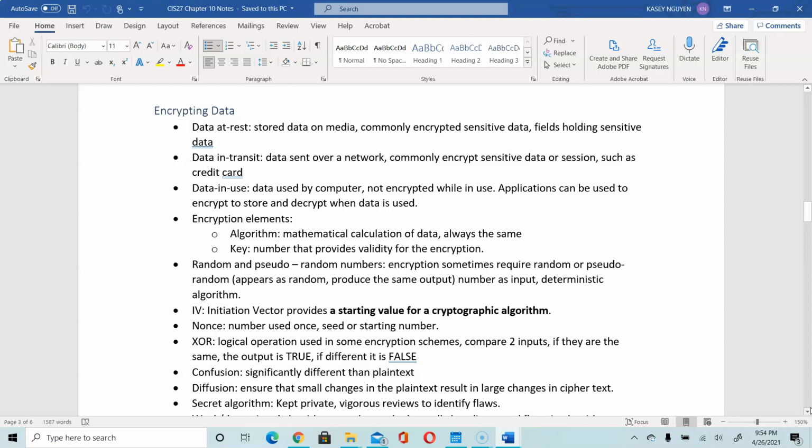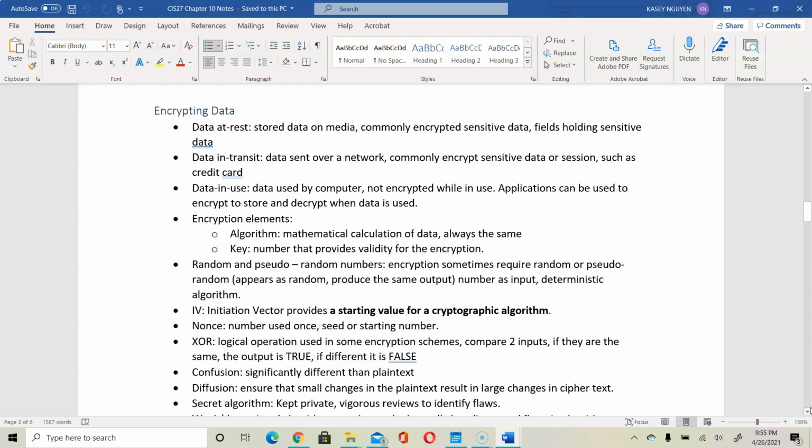So when we look at encrypting data, data at rest is what's considered stored data on media, like on your USB drive, your external hard drive, your internal hard drive, solid state drive. And commonly, we would only encrypt the sensitive data in storage.